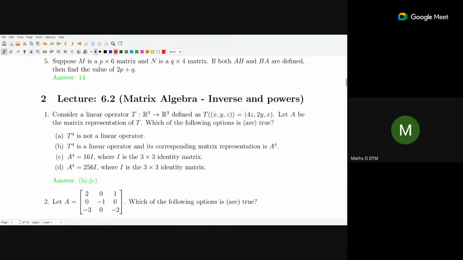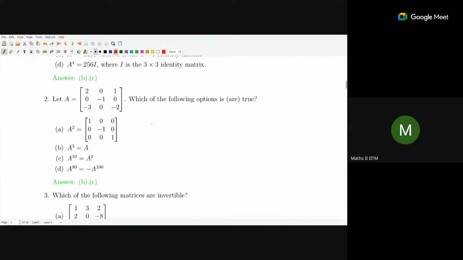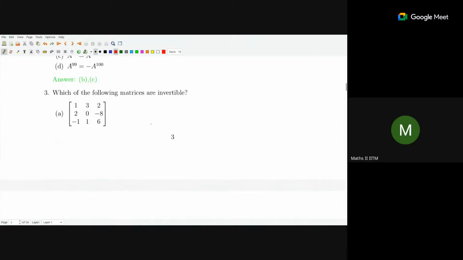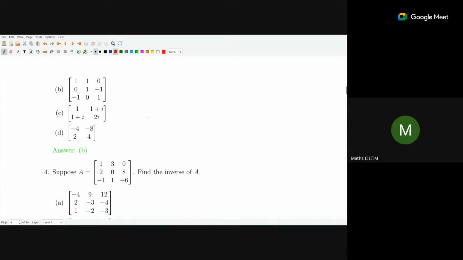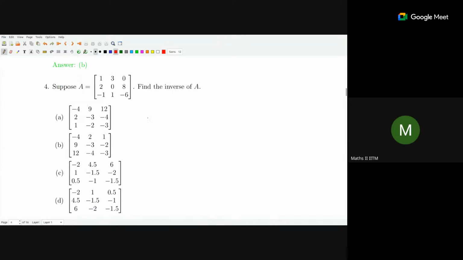again, we talked about addition and multiplication. Here we talk about powers and inverses. How do you take powers of matrices? How do you find the inverse of any matrix? All these things will be taught in lecture 6.2. Even this is straightforward. It has direct formulas nowadays. Nobody wishes to solve it by hand.